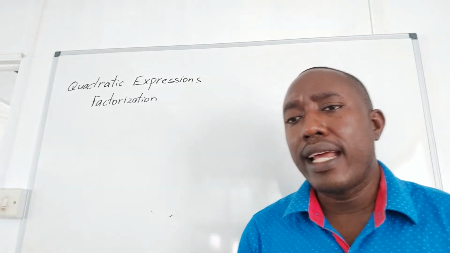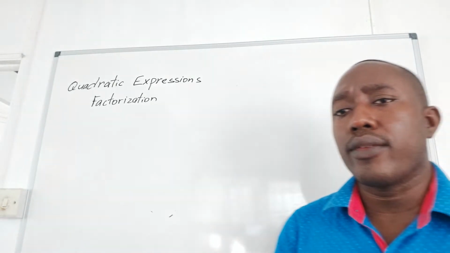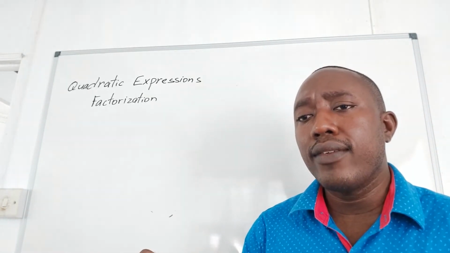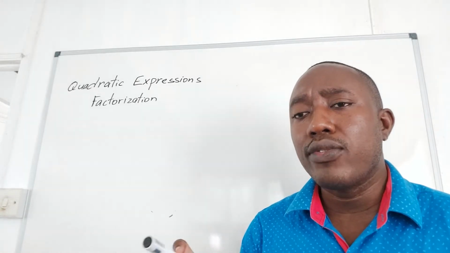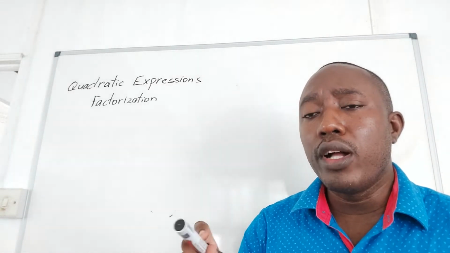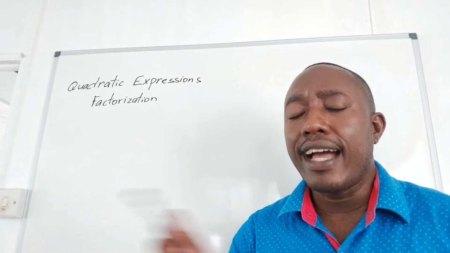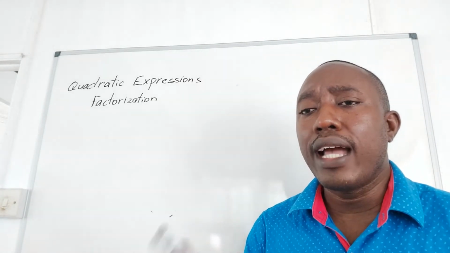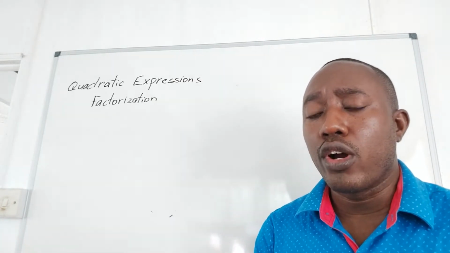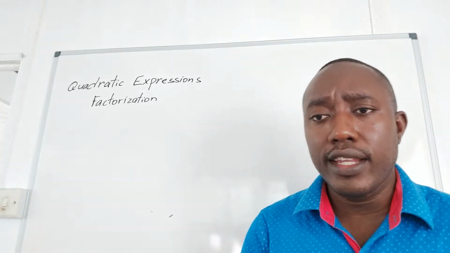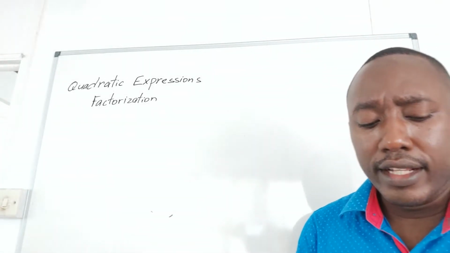So the answer you get when you multiply A and C, we have to find two numbers. When we multiply them, we get that answer, and when we add them up, we get the value for B. We're going to see it in the examples a little later.